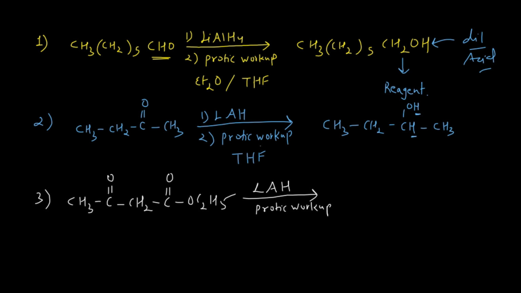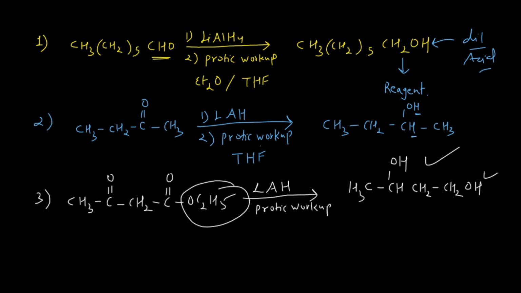Okay, so you will have your CH3, and then you are having CHOH. This carbonyl group will be reduced into the alcohol, and then CH2 was there, and then you are having CH2OH. Okay, and this will be removed as alcohol from here. So you are having this species there.